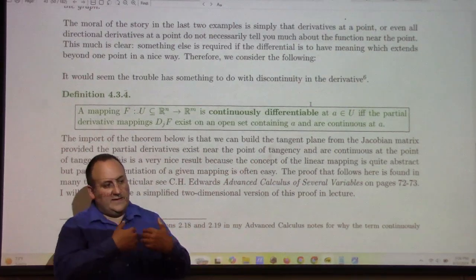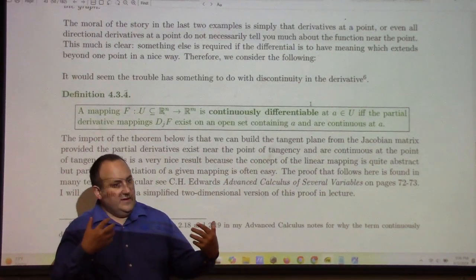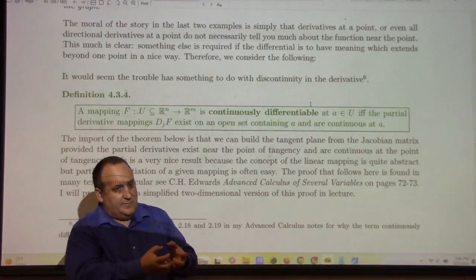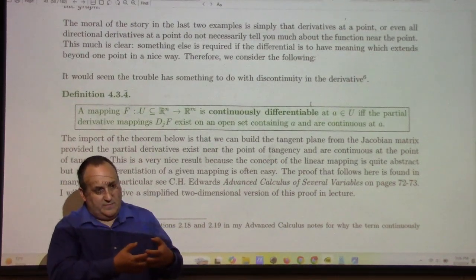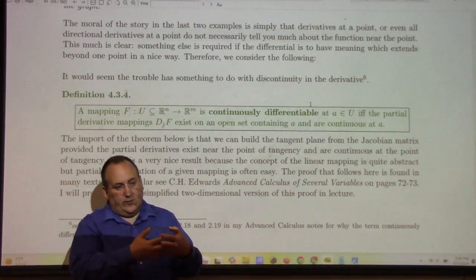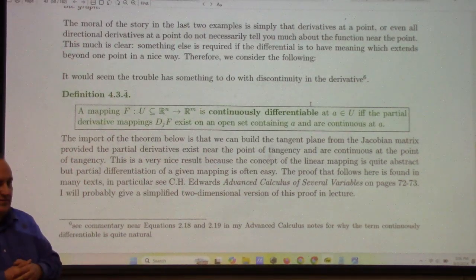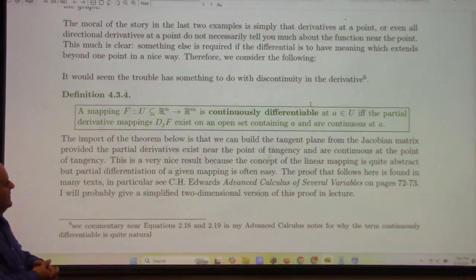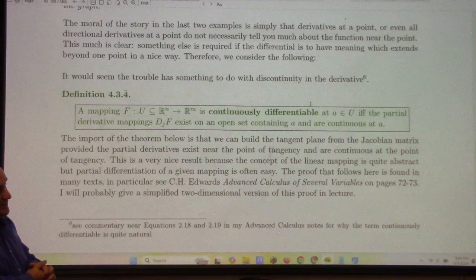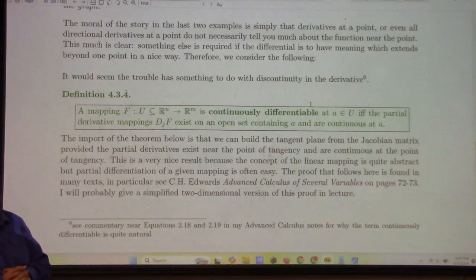How do you take the existence of all the partial derivatives and put those together and build the multivariate derivative, the Frechet derivative? That requires, well, I say it requires, but that's too much. I will tell you this: it suffices to know that the partial derivatives are continuously differentiable at the point. Is that necessary?